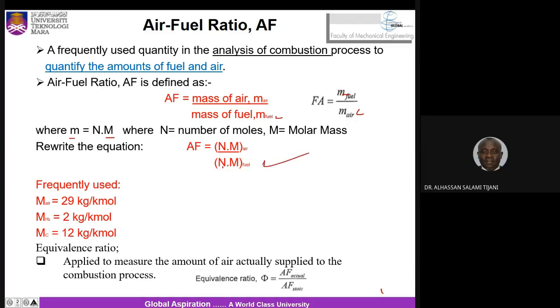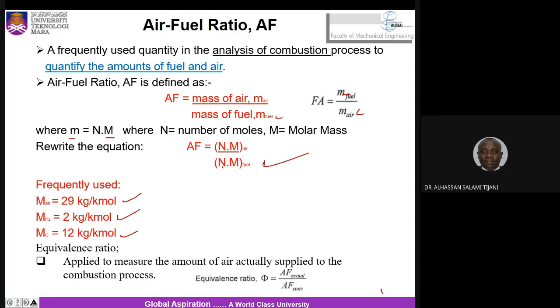So now the molar mass of atmospheric air is always 29 kilogram per kilomole, whereas the molecular mass for hydrogen is 2 kilogram per kilomole, and for carbon, it is 12 kilogram per kilomole. Now we have another definition.